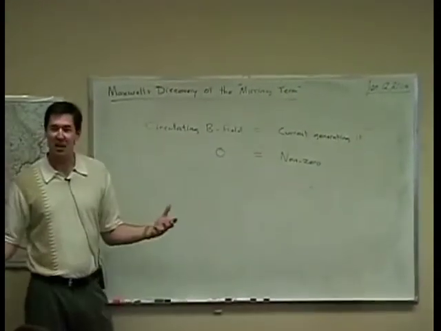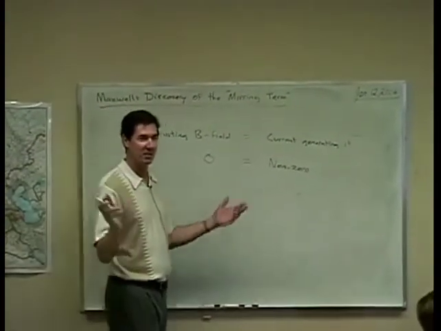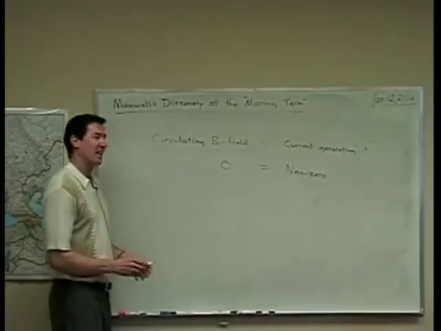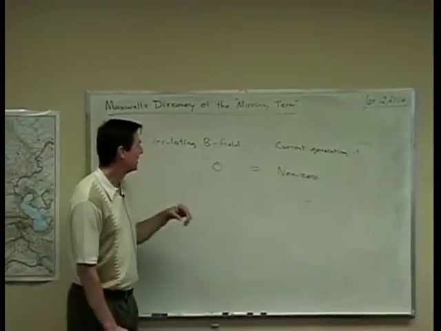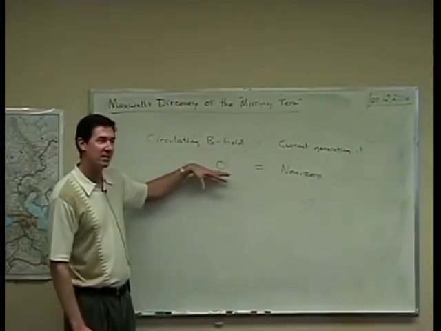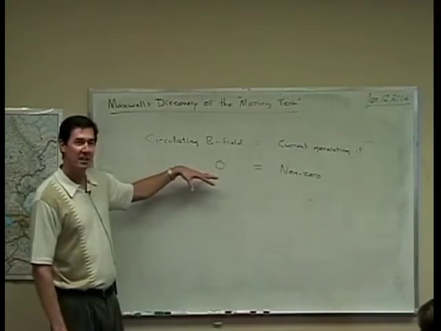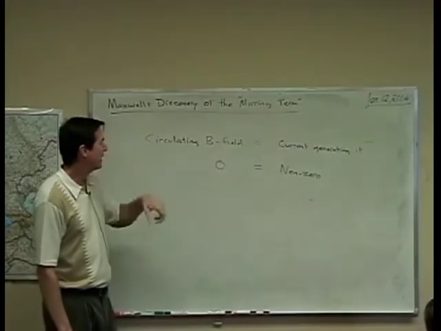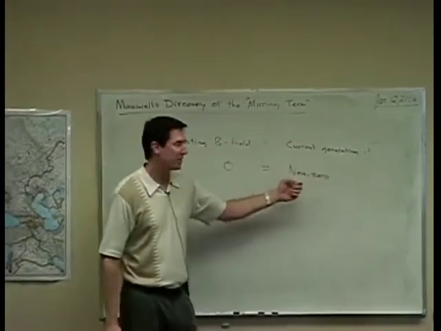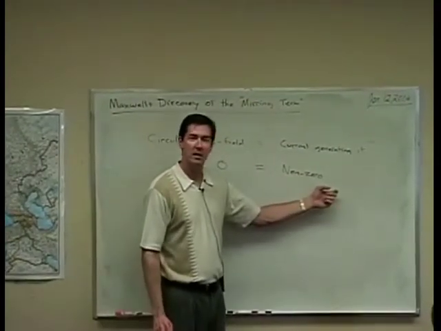I can't describe this mathematical operation to you because you need to know differential and integral calculus. But he just noticed that there was a mathematical inconsistency in the equation. And then he figured out, well, what would make this inconsistency go away?